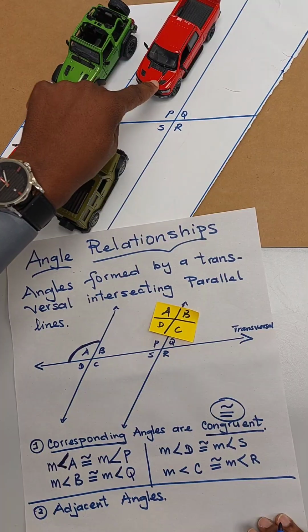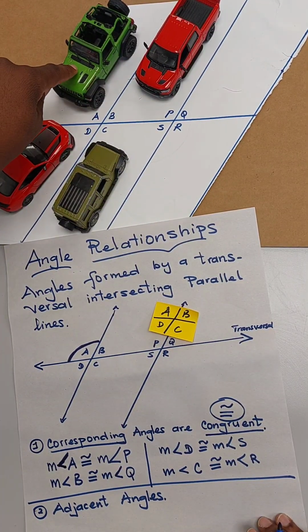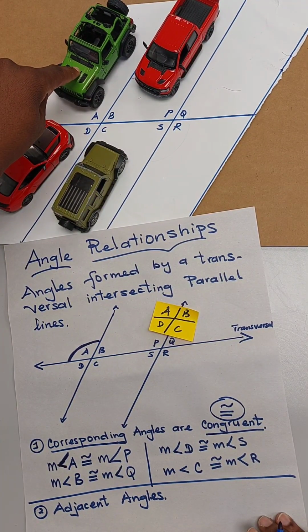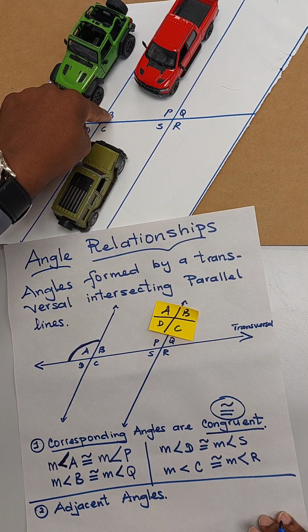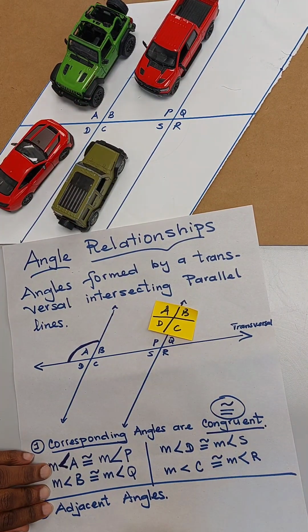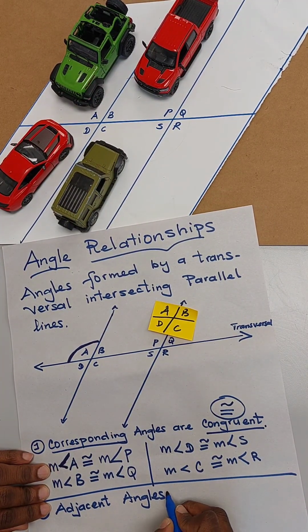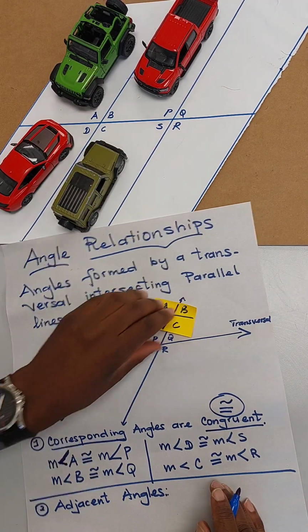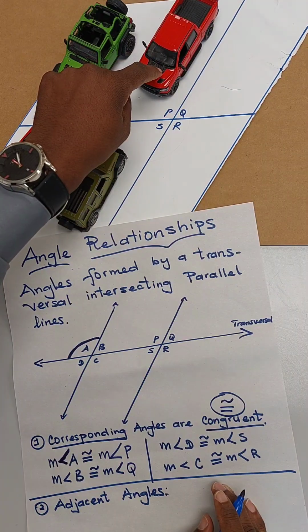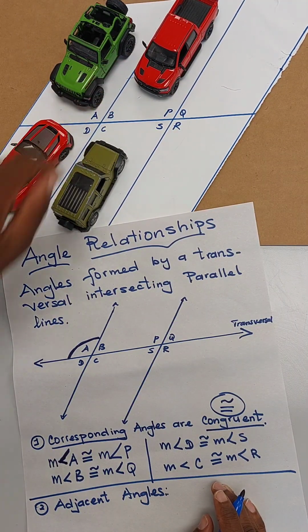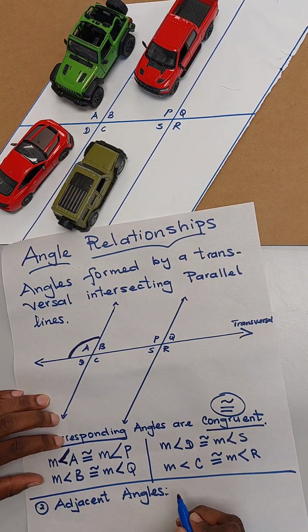The Ram is adjacent to the Rubicon Jeep. So that makes the angle A here adjacent to the angle B. Let's identify all the adjacent angles. Because this car is adjacent to this car, this angle is adjacent to this angle.